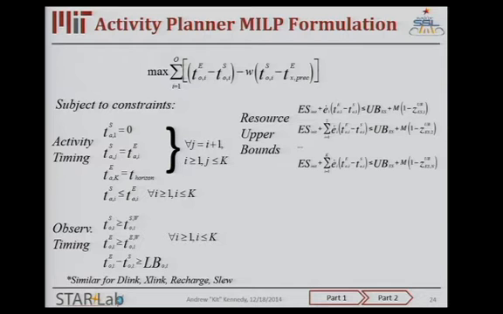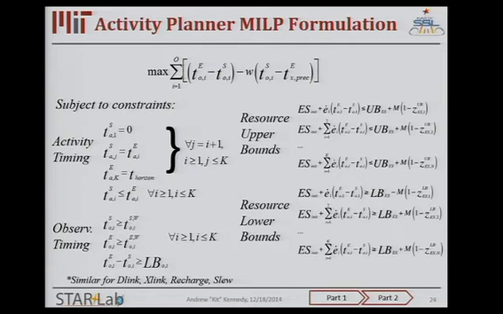And then the spacecraft agent has to respect upper and lower bounds on its resources. This is formulated in terms of energy storage: it has to maintain its battery level above a lower bound and below an upper bound at all times. The same goes for data storage and momentum storage.